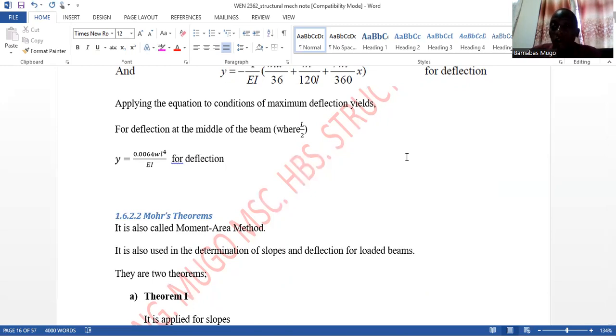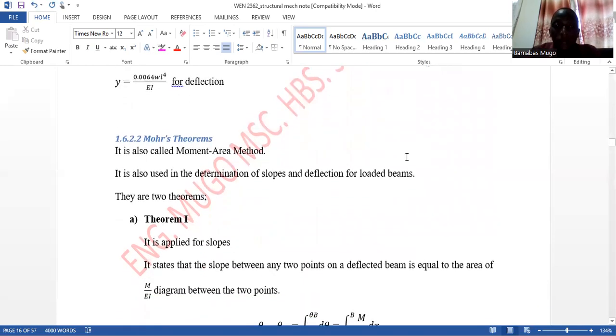Another thing that I want you to know is that we are utilizing the equation for the bending moments. So you just need to follow the instruction, and for more information you can inquire from your lecturer.